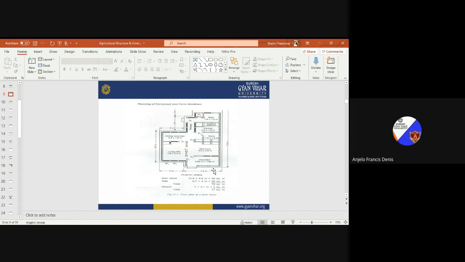By this design, some calculations are also given. The main block is 12.8 into 4.6 meter, that is 59 square meter. Then the side is 6.7 into 3 meter, that is 20 square meter, and in total it is 79 square meter. Then deduction 1 into 2.1 meter, that is approximately 2 square meter.